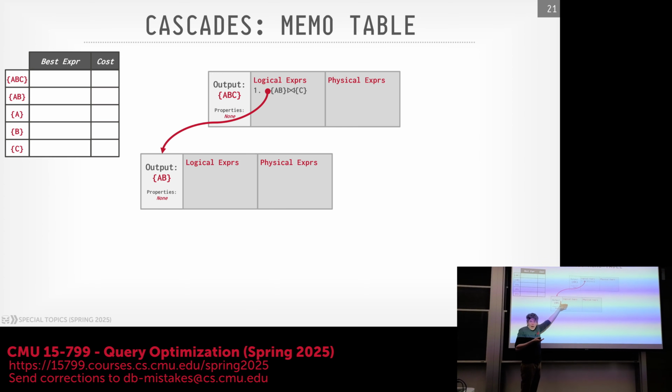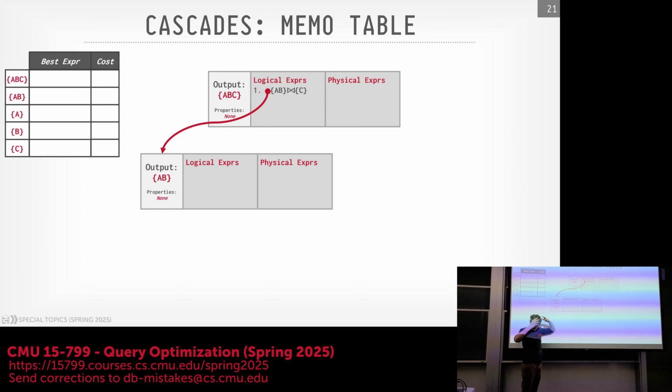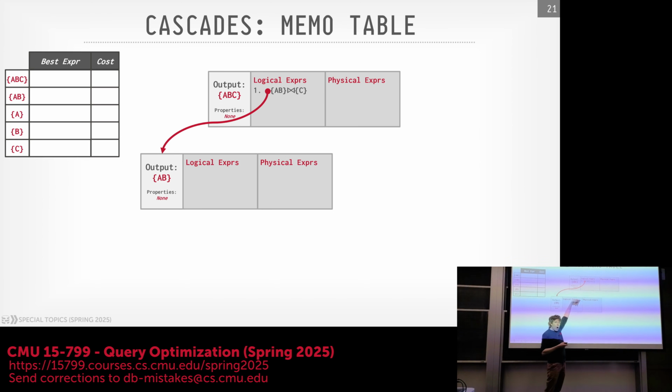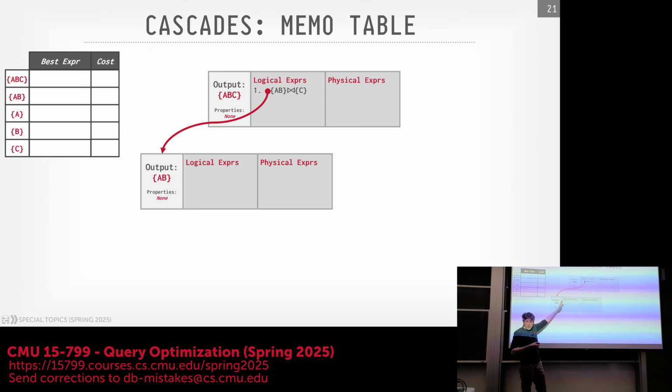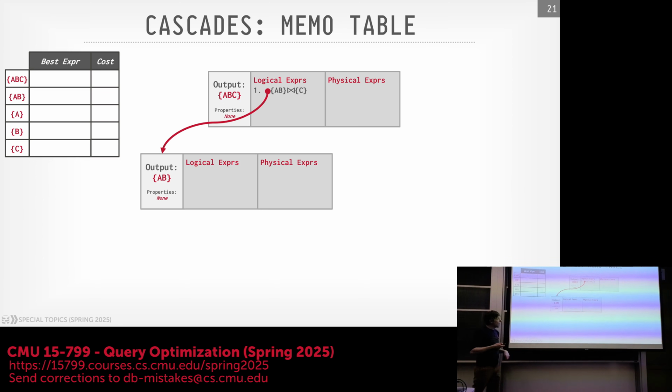I want to get a first cost of something, at least an initial plan. It's probably not going to be the best plan, but at least I'll get a cost for that, and then that's going to help me do the pruning I would need. In Volcano, you would do all possible permutations of A join B join C at the very beginning before you traverse down below anywhere else.